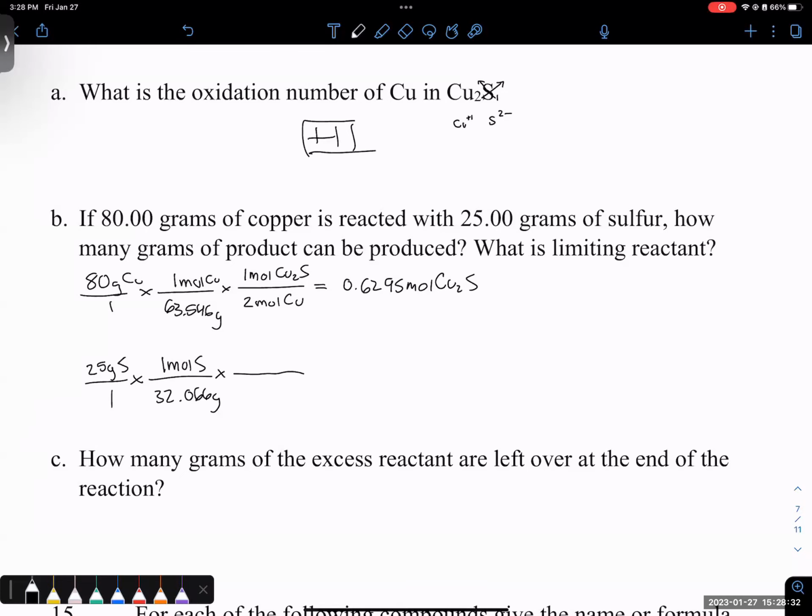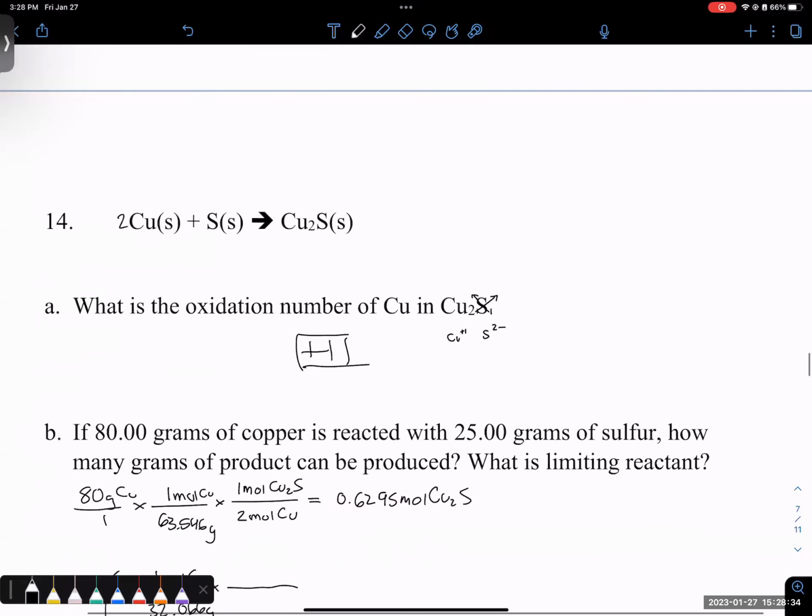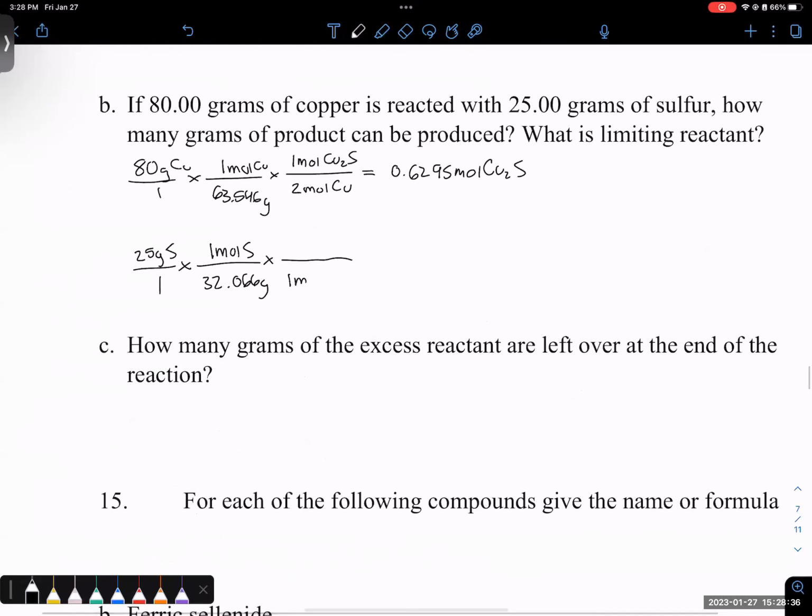What's the ratio? 1 to 1, right? So 1 mole of sulfur for every 1 mole of Cu2S. And this gives us 0.7796 moles of Cu2S.